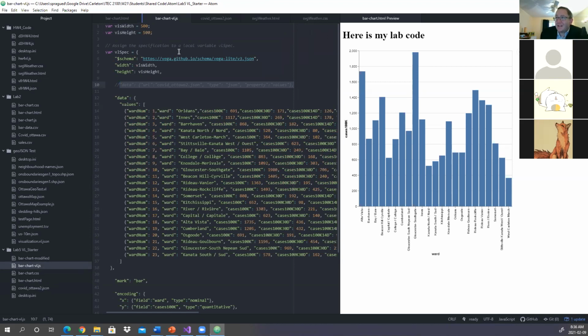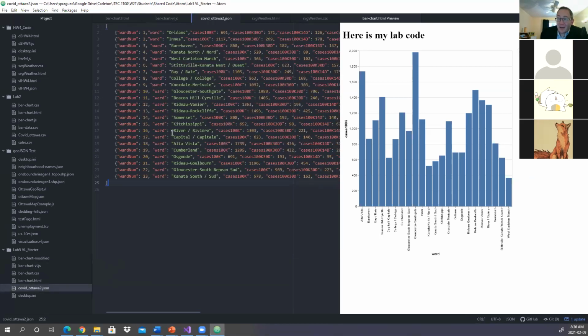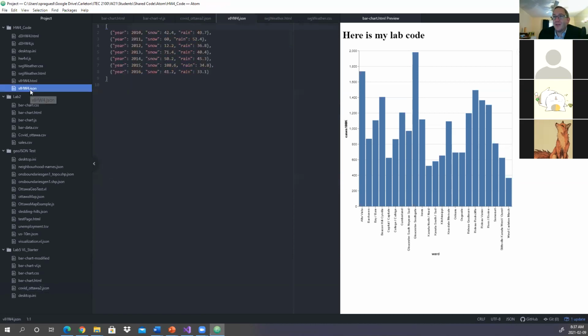It's being read in as data, and yet for the life of me, I cannot figure out why it's not working. Yet if I go to my solution file, here's my JSON file for Vega Lite Homework 4, and it looks like this. There's really no difference. I'm probably just missing a character or something along the way.